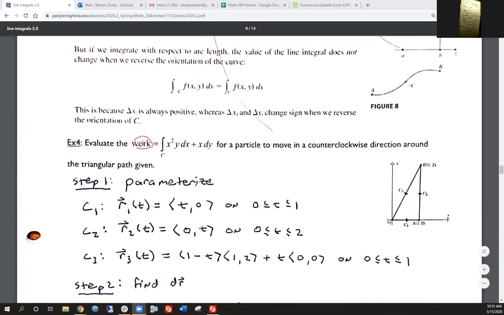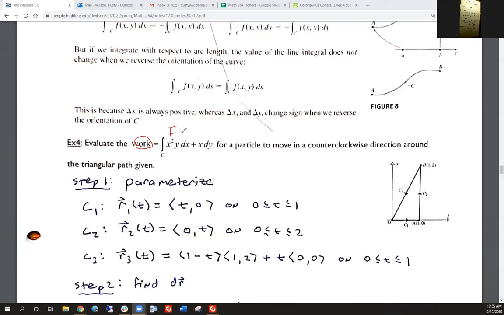So when it's work, that would be our F dot dr. Sometimes you'd be asked for the work, sometimes for F dot dr, sometimes it would be the line integral of something dx plus something dy. Any of these 3 labels would tell you that down here you want to find dr. Did that answer your question? Yeah, it did. Cool. What else? I think I'm good.